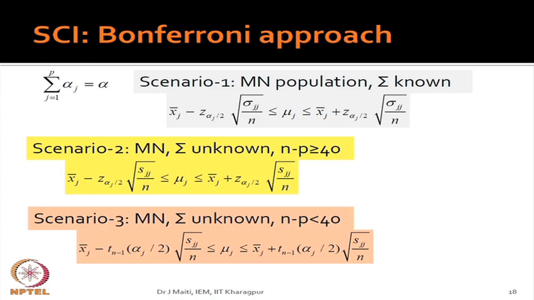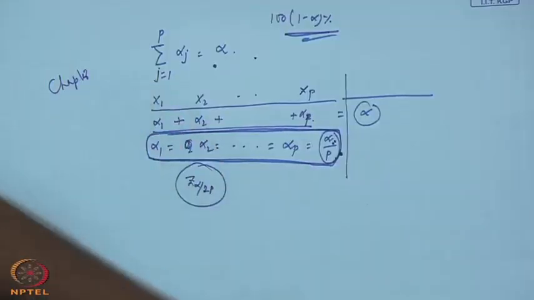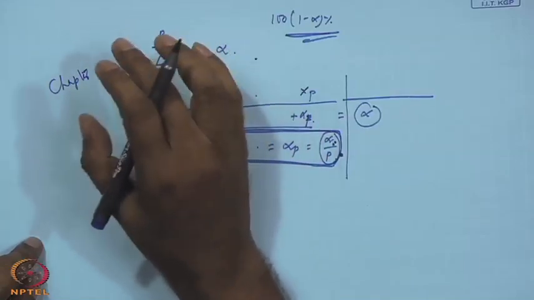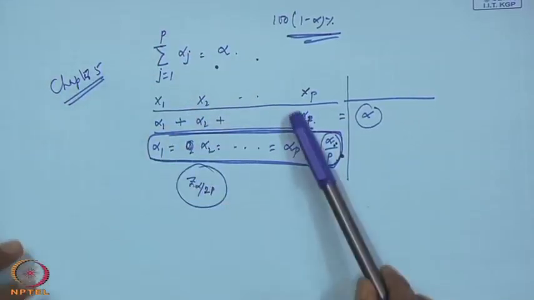Okay. So, my request to you is that you please go through chapter 5 of Johnson and Wichern and see this derivation as well as whatever explanation is given there. If there is any problem, please report to me.